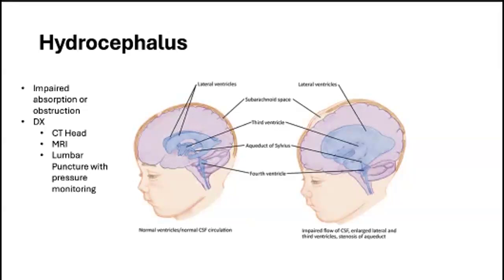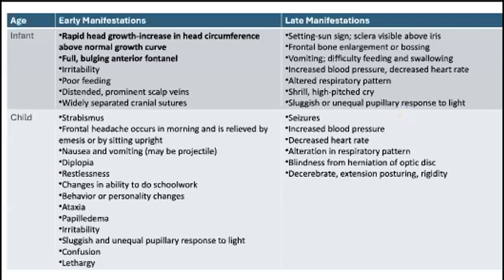Frequent association with myelomeningoceles. These kids get hydrocephalus. Older children, it's usually due to meningitis, tumors, or some type of hemorrhage. Incidence: obstructive hydrocephalus is more common in children. Communicating hydrocephalus is more common in our premature infants after a hemorrhage.